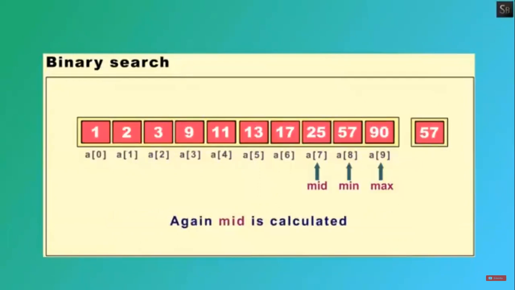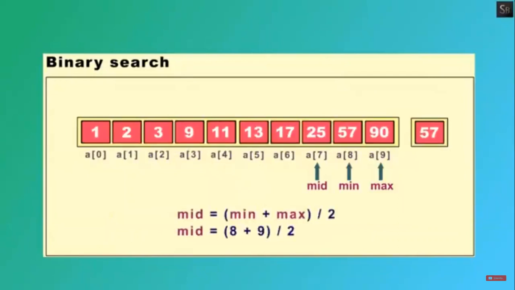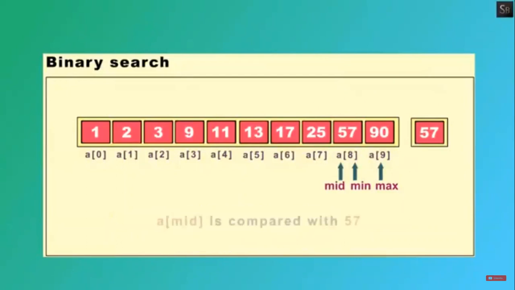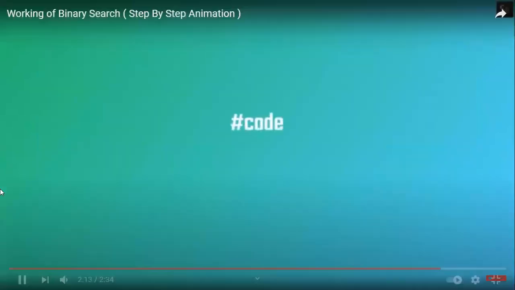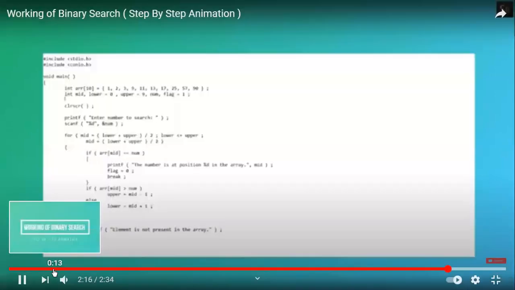Again, find the middle value: 8 plus 9 is 17, 17 by 2 equals 8. Now compare the middle value with the search value. If it is yes, the search is found. Search is found.